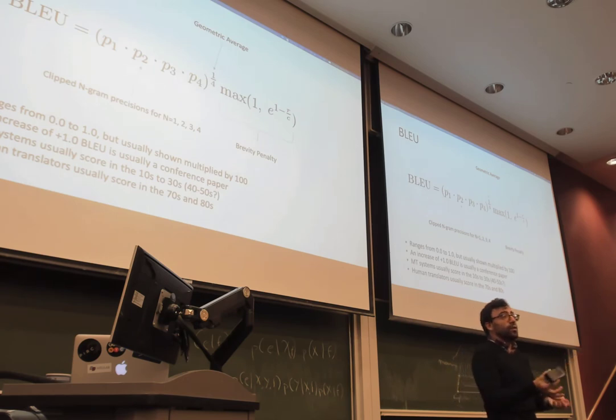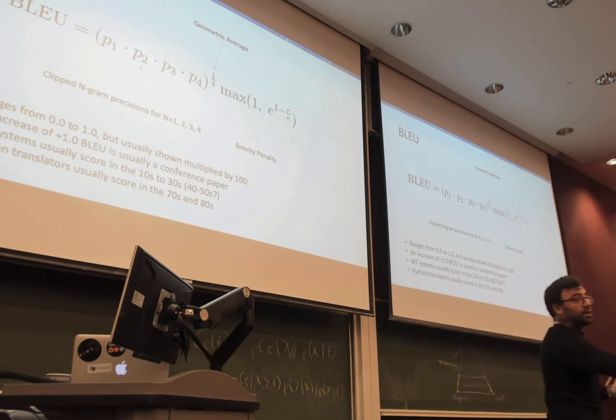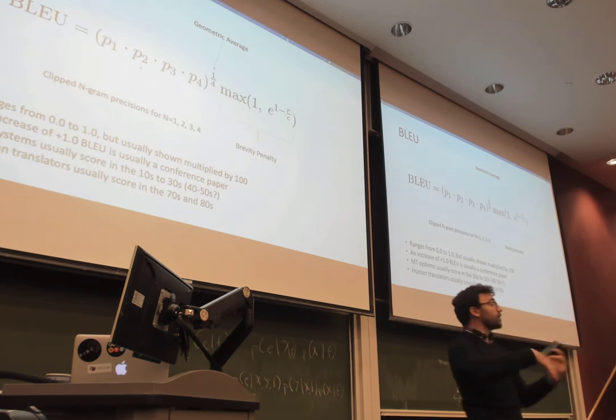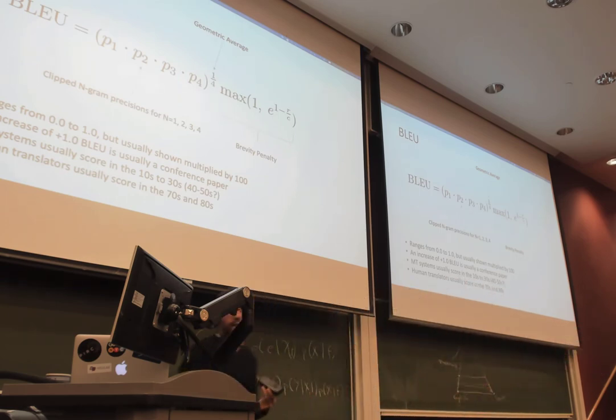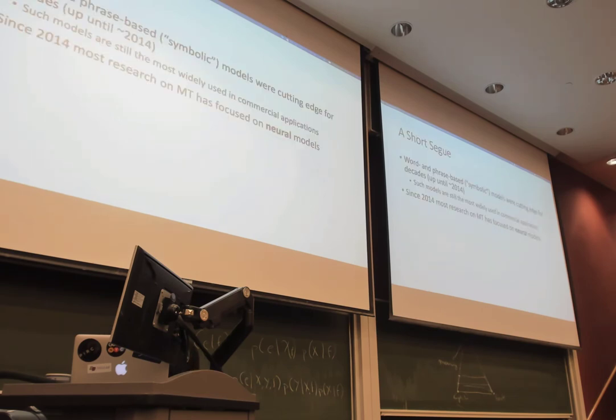So if you evaluate a human translator against another, then your average BLEU scores will be like 70 or 80 in many cases. It would be way lower for Chinese to English, or English to Chinese, actually. But again, that's because of the language, not because of the translator.